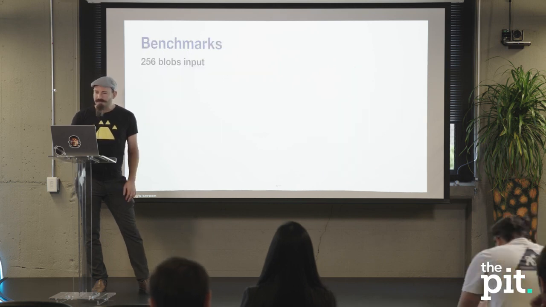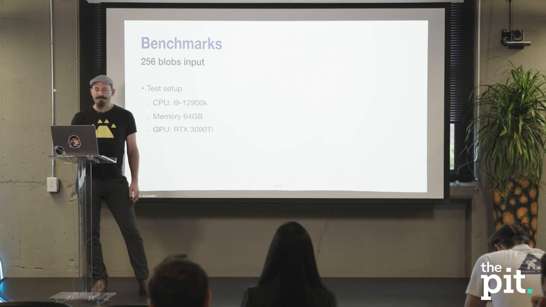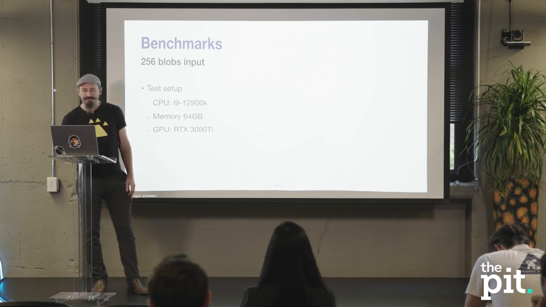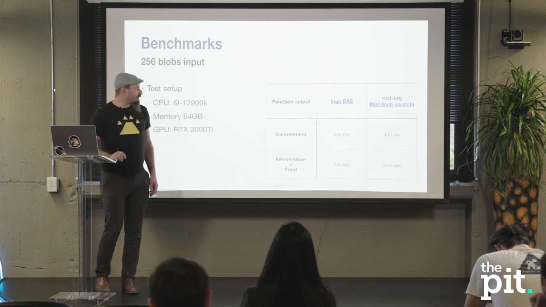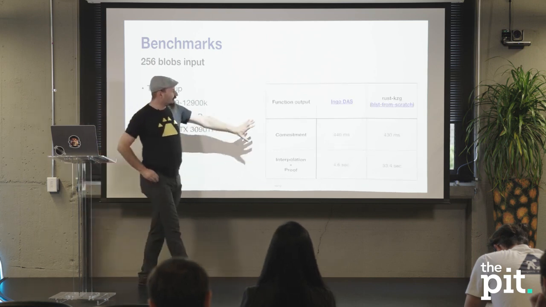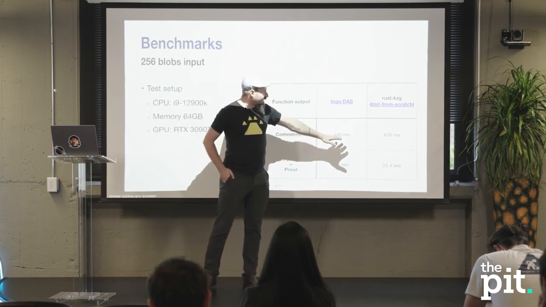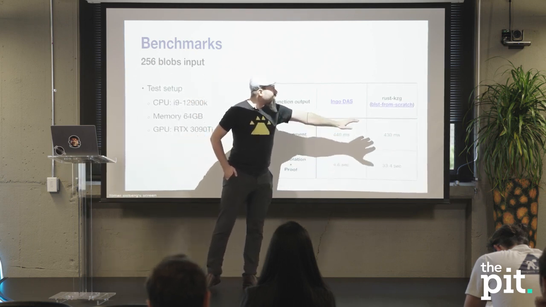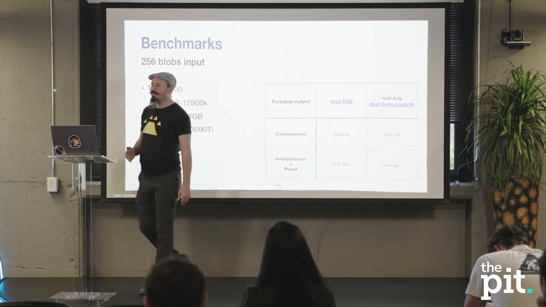And let me tell you a little bit about the benchmark, how fast this entire thing is. So we tested it on a setup with an RTX 3090 Ti GPU, and these are our benchmarks. So for the commitment branch, we got 440 milliseconds, while the competition, Rust KZG, takes a little less.